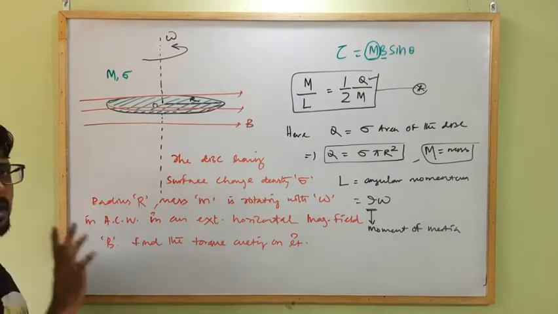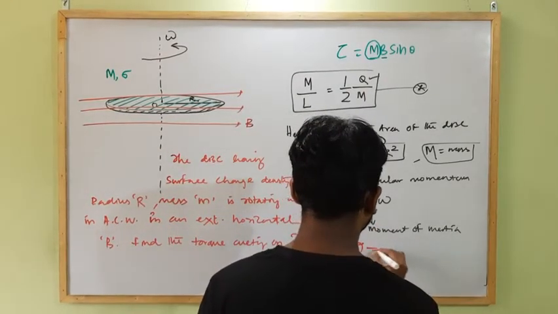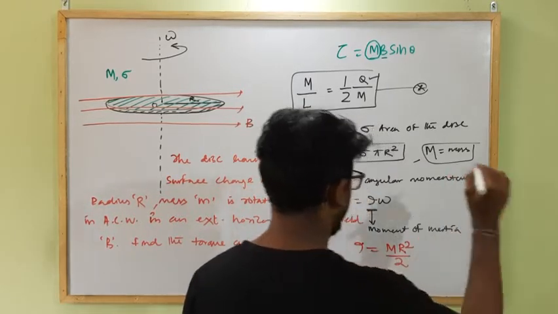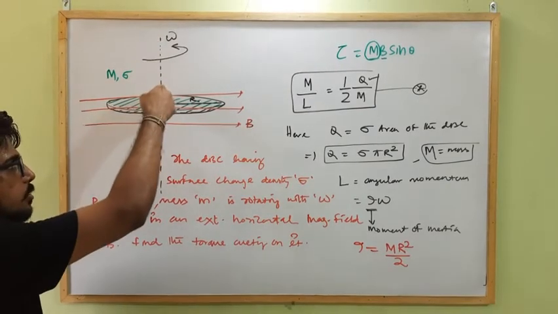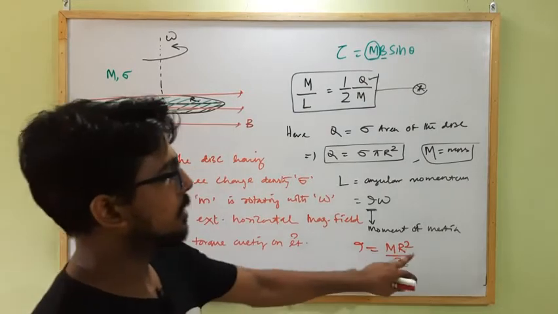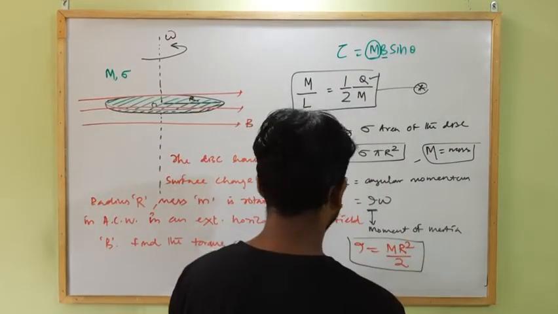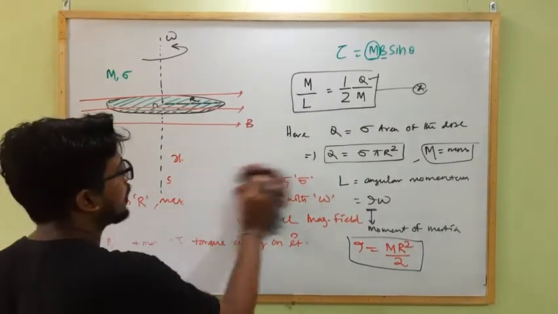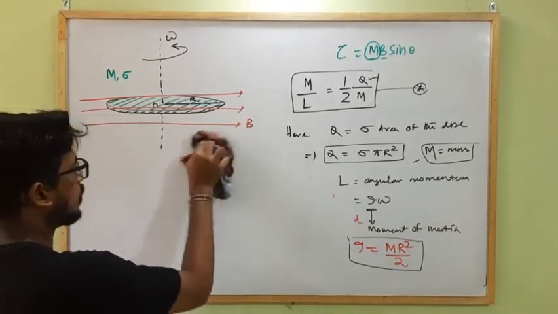The moment of inertia I is equal to m r square by 2. Clear? For a ring it is m r square, and for a disk about an axis passing through its center and perpendicular to its surface it is m r square by 2. Now using this we will get L, the angular momentum, and then we can easily find the magnetic dipole moment.